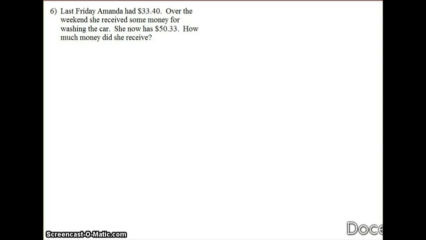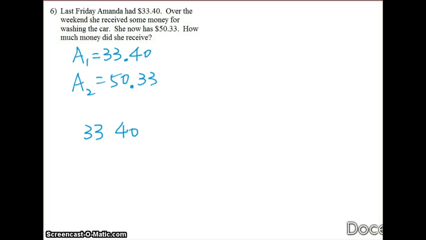So originally, let me say Amanda A1 had $33.40. Okay, and then at the end, A2 had $50.33. So what happened? She probably got some money. So let's say 33.40. She got some money, but I don't know how much she got.